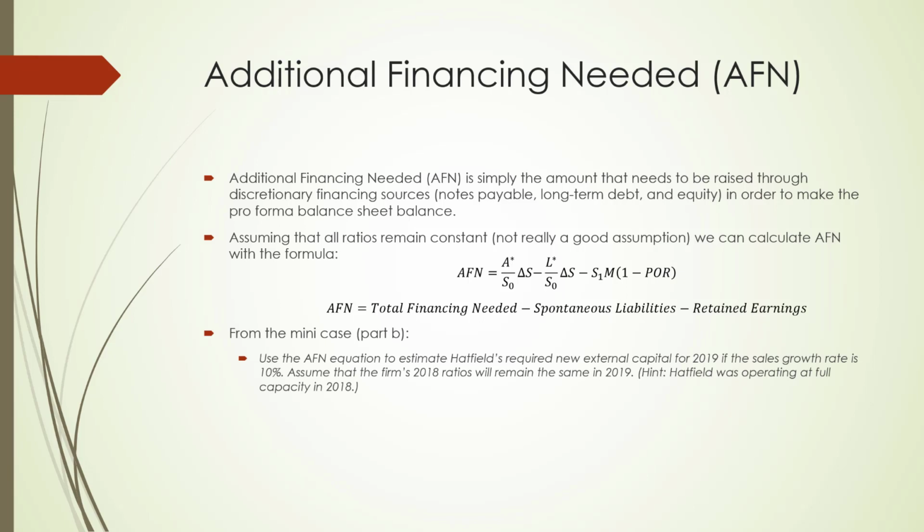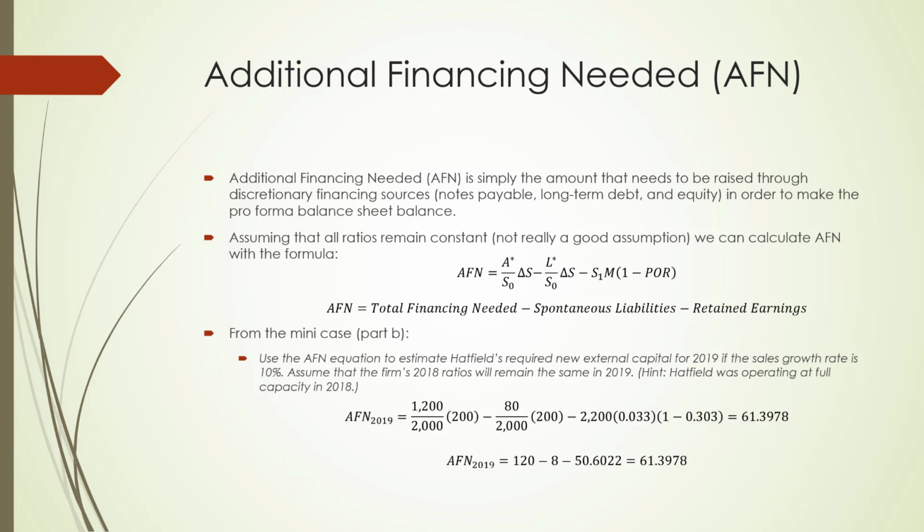Now, in Part B, in the mini case, they say use the AFN equation to estimate Hatfield's required new external capital for 2019 if the sales growth rate is 10%. Assume that the 2018 ratios will remain the same in 2019. So using this equation, what we have here is our assets divided by sales, 1,200 divided by 2,000, times the change in sales.